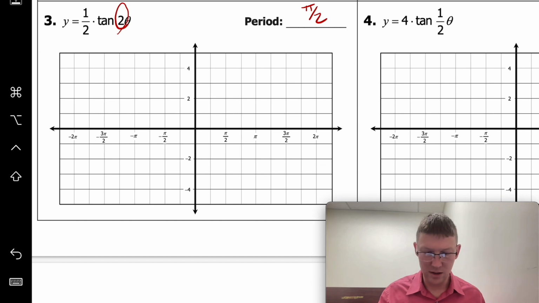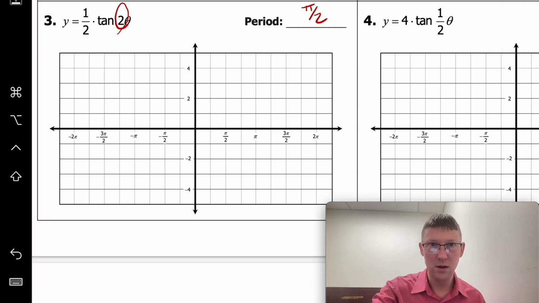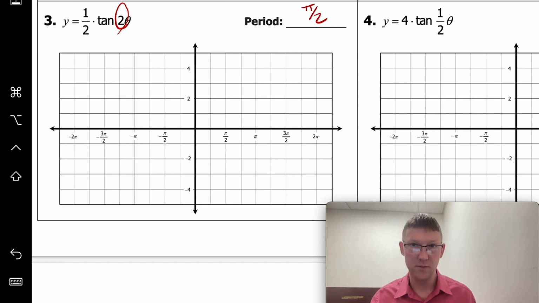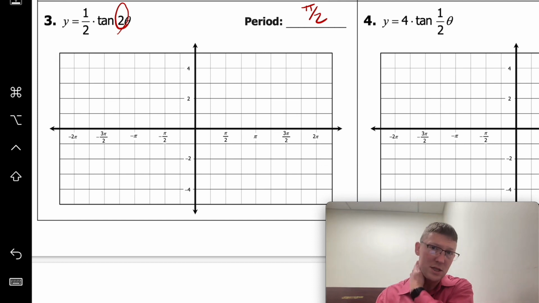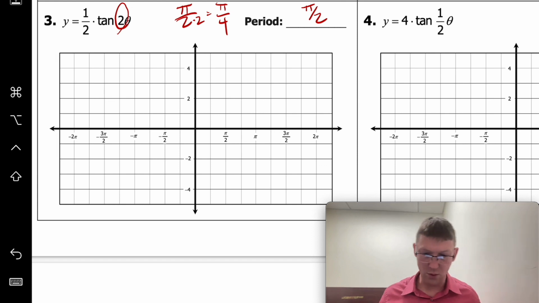And remember, the formula is pi over b for the period, and then our asymptotes are odd multiples of pi over 2b. In this case, b is 2, so we're going to have pi over 4.